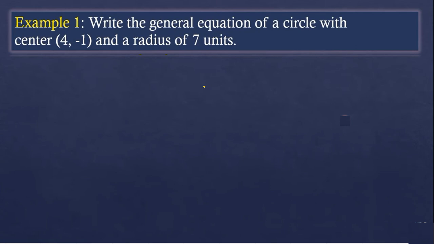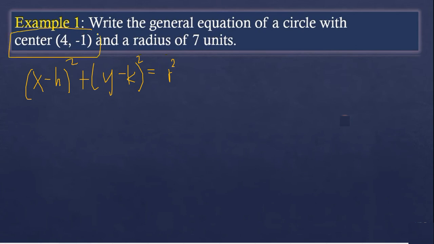Kasi nga, yung standard form, we're going to expand na yon, and then after that, general equation na yon. Okay, so tingnan natin yung process. Dito po, may binigay na center. Ibig sabihin po, ang gagamitin natin dyan is x minus h squared plus y minus k squared is equal to r squared.